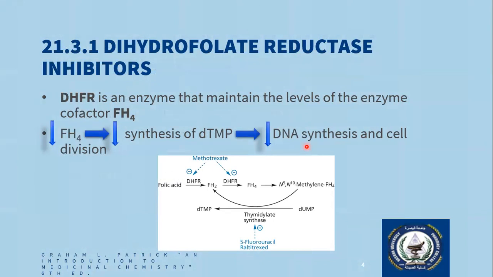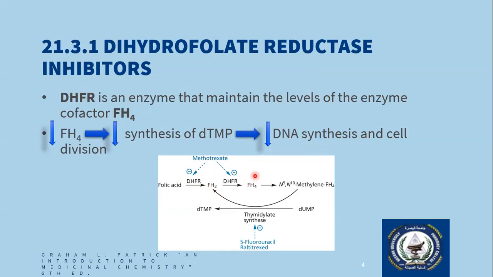The enzyme dihydrofolate reductase, as the name implies, maintains the levels of the cofactor tetrahydrofolate. So what does the enzyme do? This enzyme takes folic acid and converts it to dihydrofolate, then converts dihydrofolate to tetrahydrofolate.